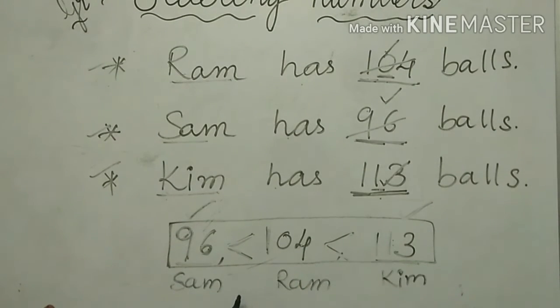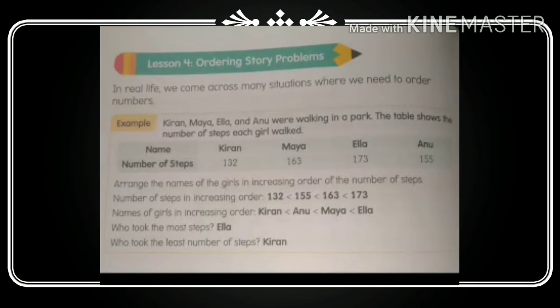Okay, children. Now let us go to page number 22 in the content book. Here the lesson is lesson 4, ordering story sums. Story sums means, I told you, numbers with some statements. Read the example. Kiran, Maya, Ella and Arun were walking in a park. The table shows the number of steps each girl walked.